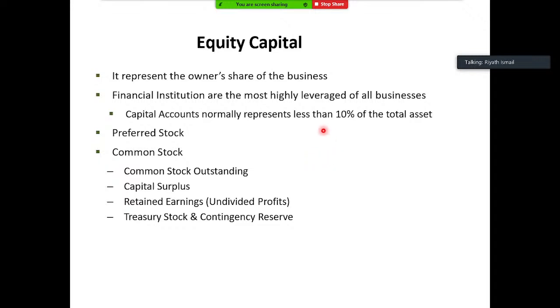It also includes preference shares, preferred stocks, and common stocks. Common stock includes common stock outstanding, capital surplus, and retained earnings. Retained earnings means undivided profit. Treasury stocks and contingency reserves.